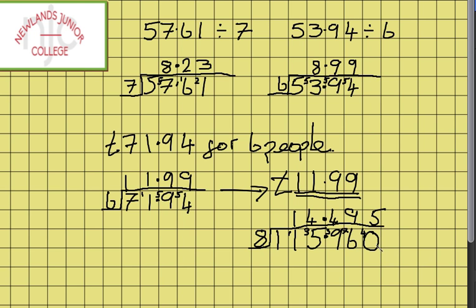In this case, it's a 5. And remember the standard rule for rounding, if it's 5 or more, round up. So we round up. That means that our answer to the nearest penny is each person needs to pay £14.50.